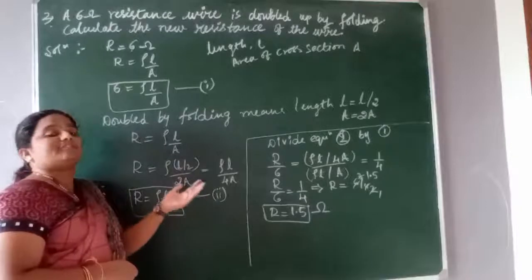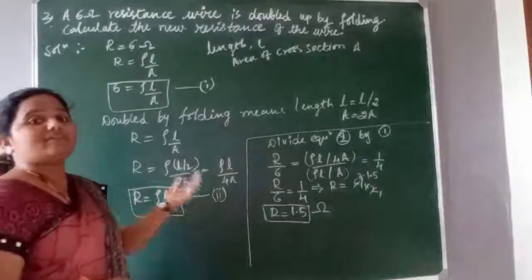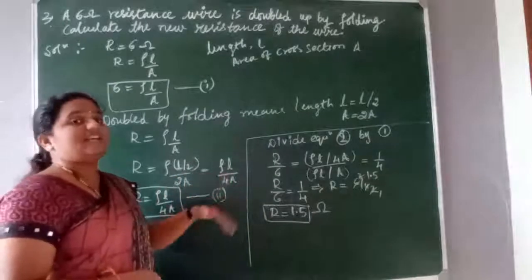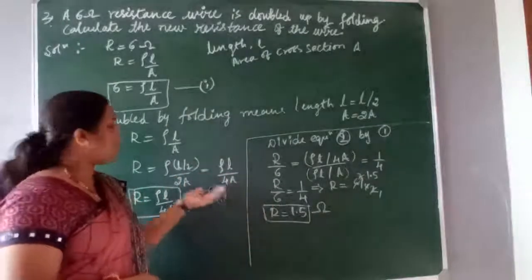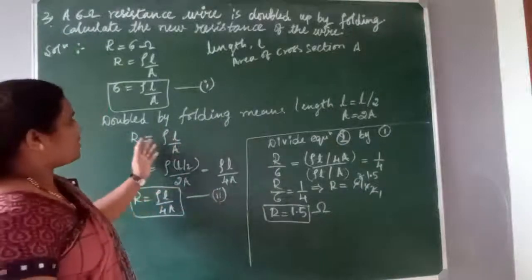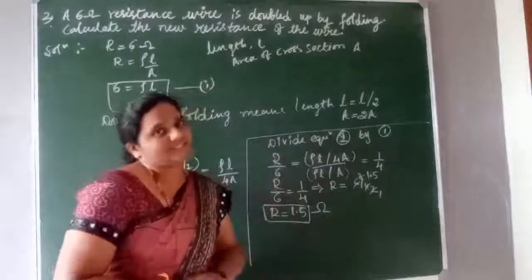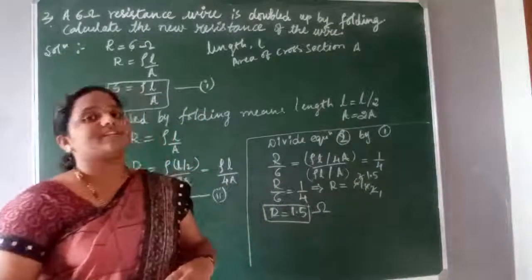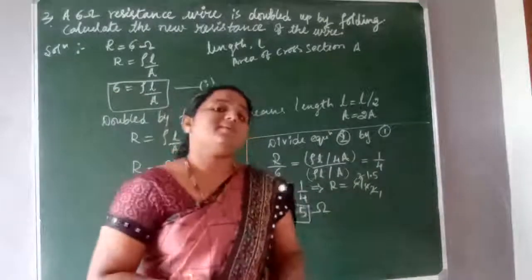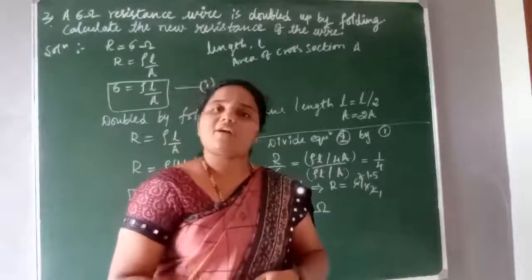So the new length of the wire is L by 2, and similarly the area of cross section increases by 2 times. So take 2A and divide equation 2 by equation 1, isn't it, children? We will get a new resistance value. So children, these are a few problems based on resistivity. Practice thoroughly, children. If you have any doubts, you can contact me.